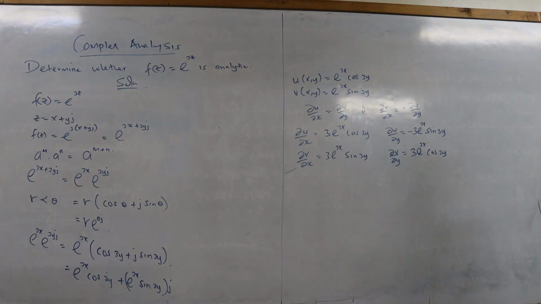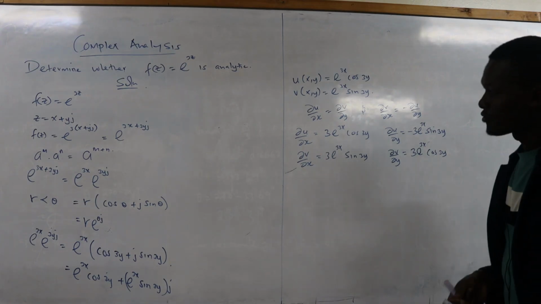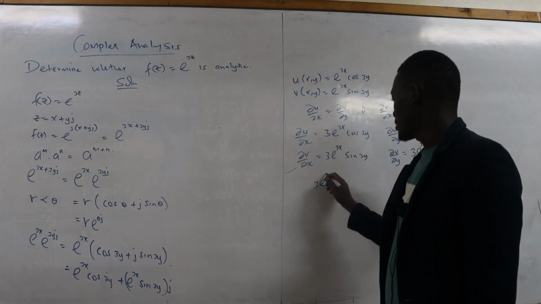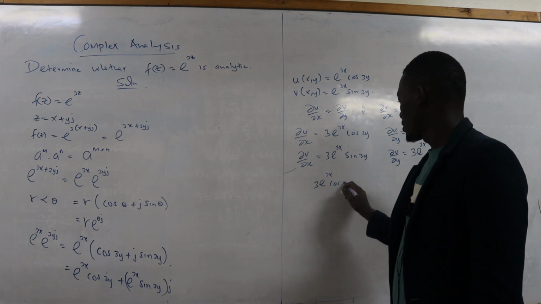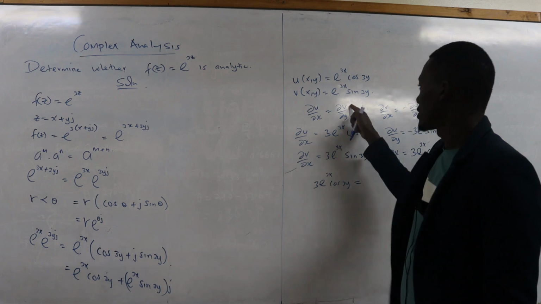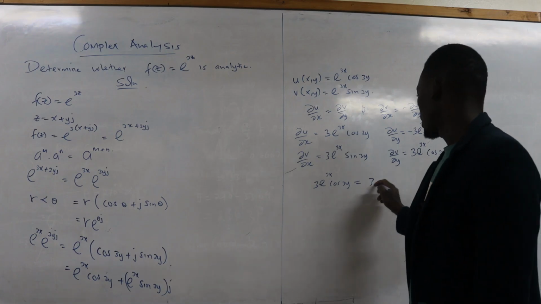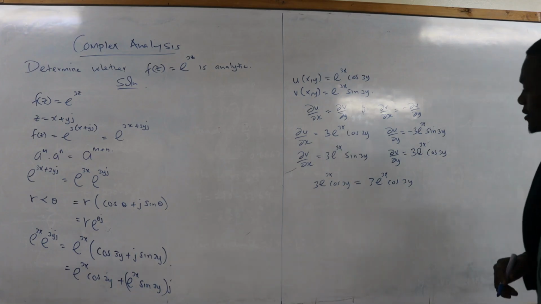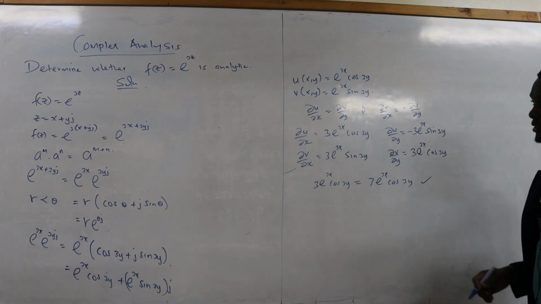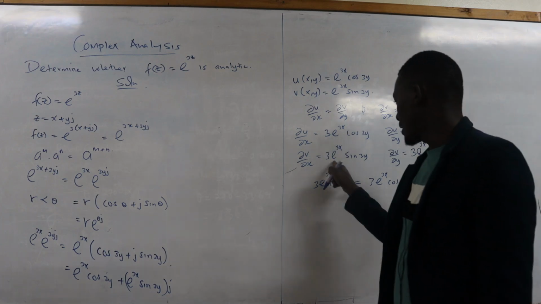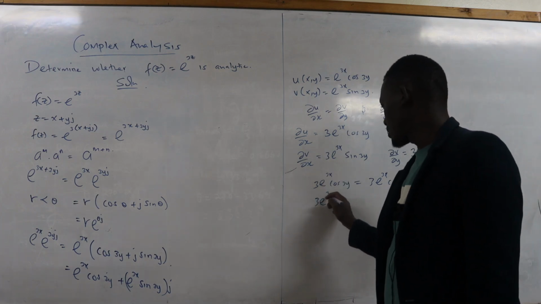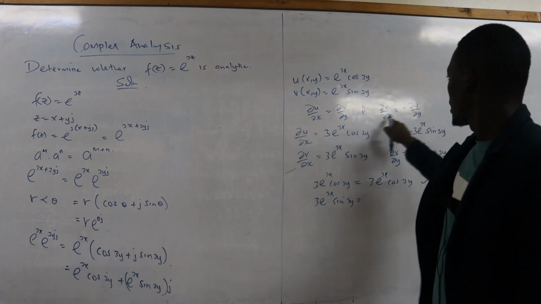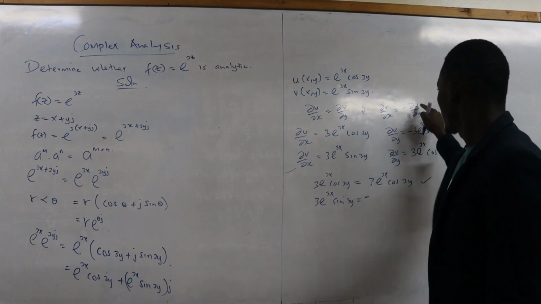Now let's check the two conditions. Have your two conditions been met? What is your du dx? 3 exponent 3x cos of 3y should be equal to dv dy, which is 3 exponent 3x cosine of 3y. So the first condition has been met. Then you go to the second, dv dx, which is 3 exponent 3x sine of 3y, and it should be the same as negative du dy.